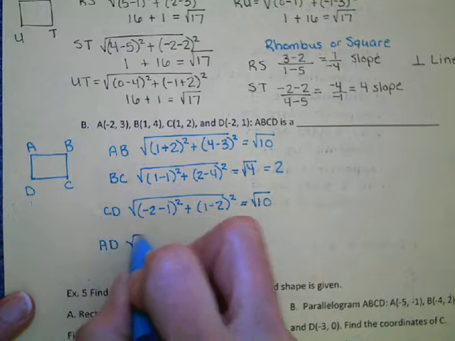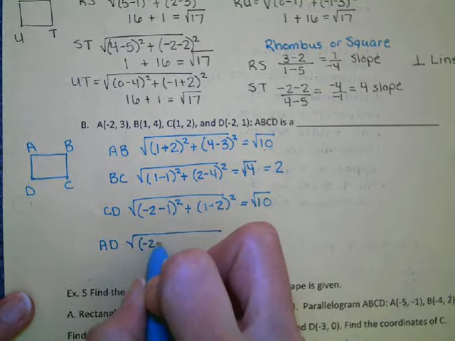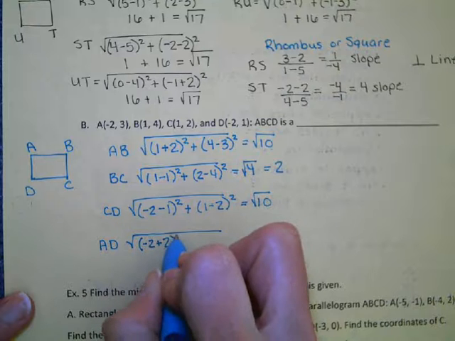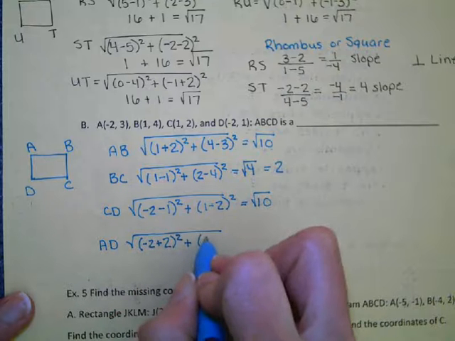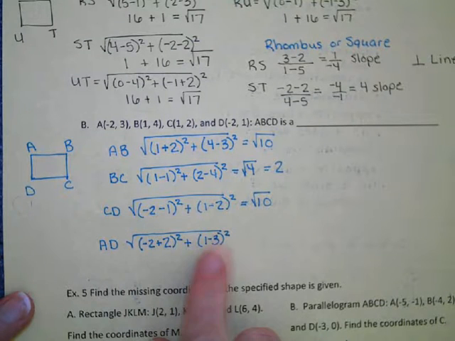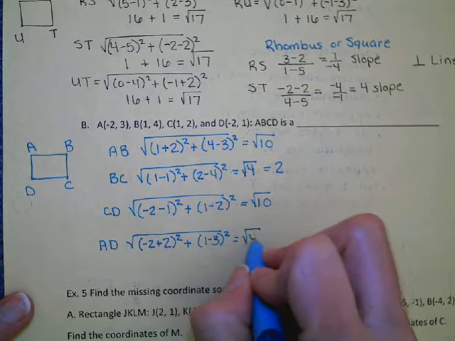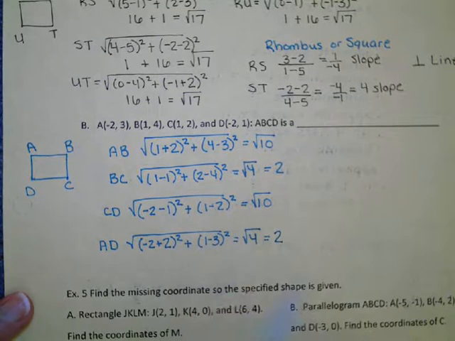And the last side I need to prove is AD. The length of AD would be negative 2 minus negative 2 makes a plus. And 1 minus 3. So you get 0 squared plus negative 2 squared, which is 4. 0 plus 4 is square root of 4, 2.